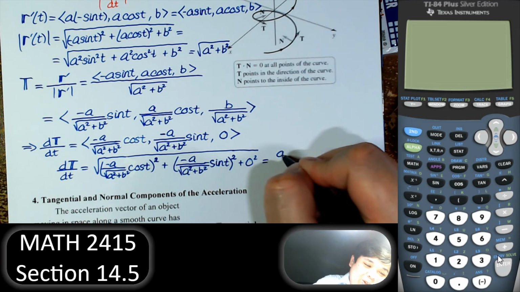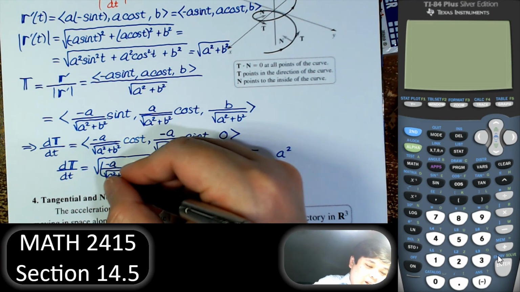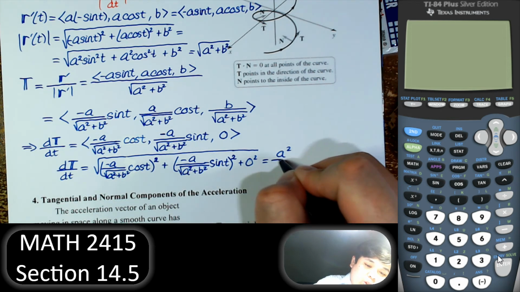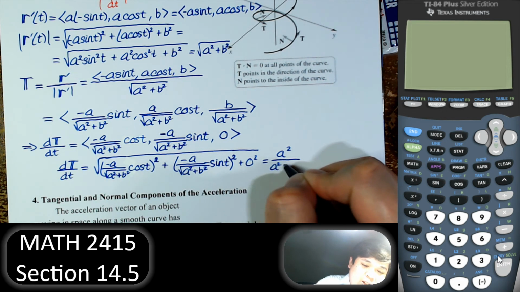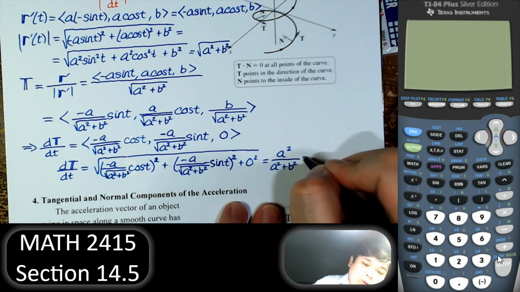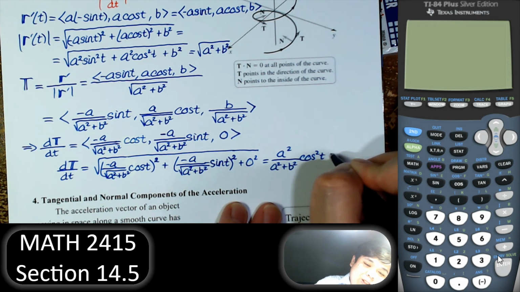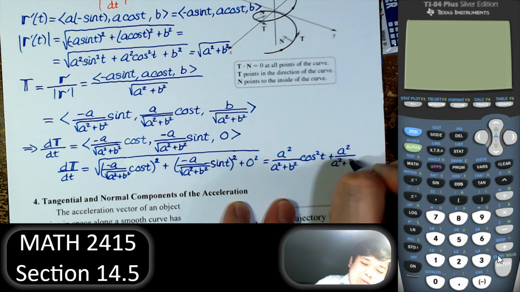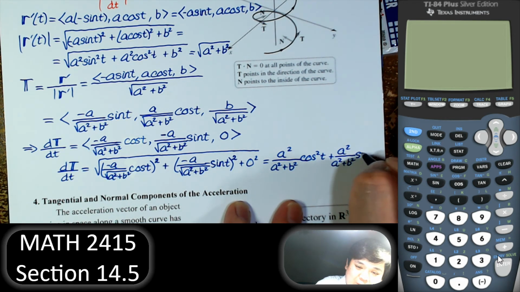The square and the square root undo each other, so we just have cosine squared, a squared plus b squared, sine squared.